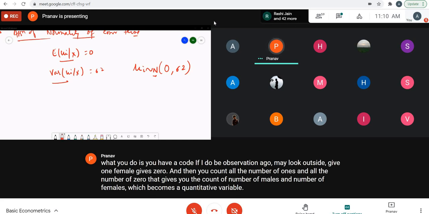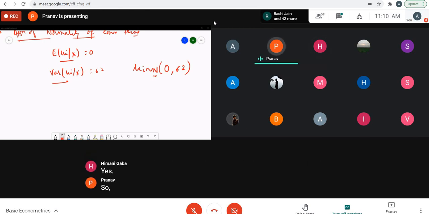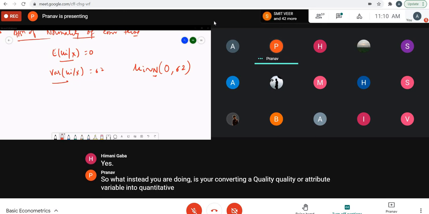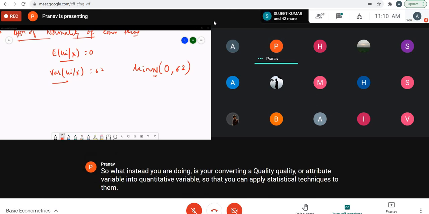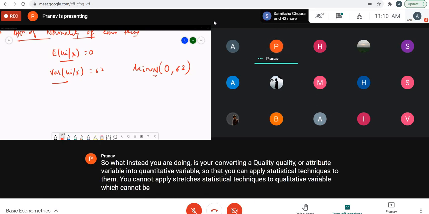Right? So what you are doing is converting a quality or attribute variable into a quantitative variable so that you can apply statistical techniques to it. You cannot apply statistical techniques to a qualitative variable which cannot be counted. ठीक है?